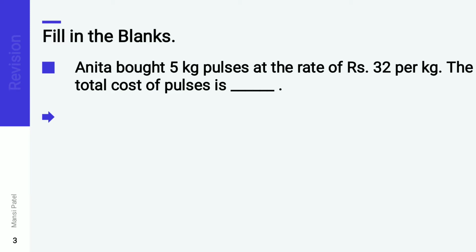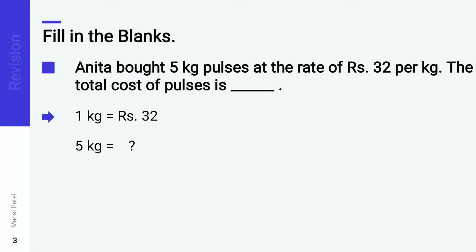So whenever you want to find out the price of many things from one thing, at that time you do the multiplication. But here we are using the unitary method. So we can say that the price of 1 kg is 32 rupees.